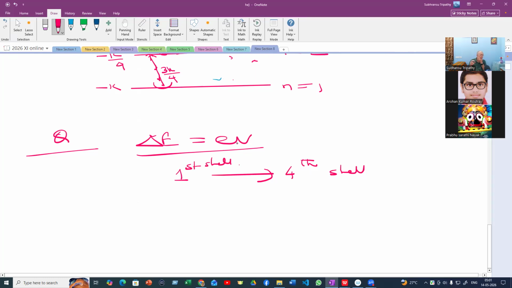I'm just asking, in the emission mode it will be producing the third line of Lyman series. But I just want to know, when the electron is excited from the ground state to the fourth level, what is the wavelength of that rasagulla, that photon that it will absorb?